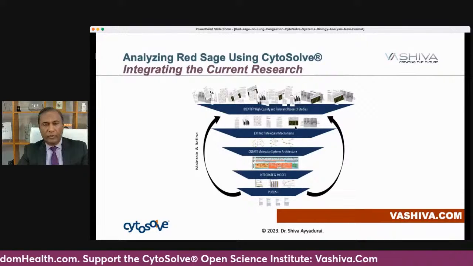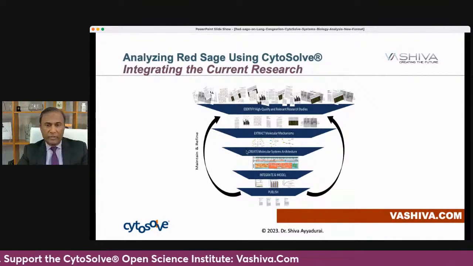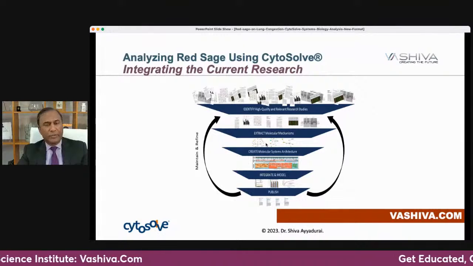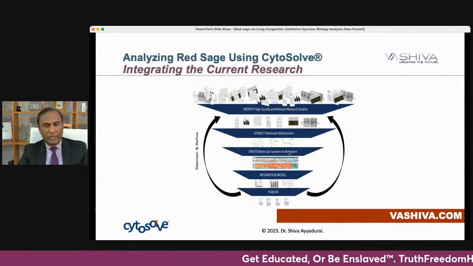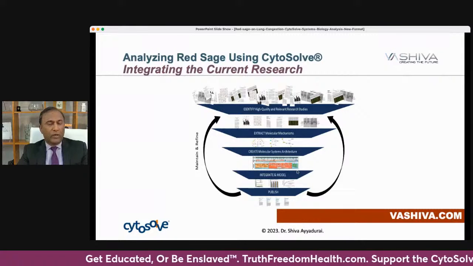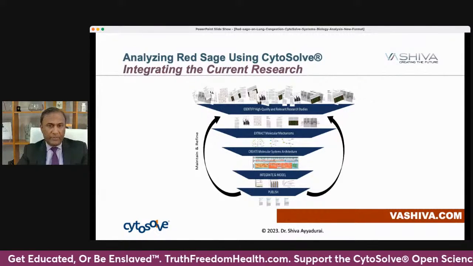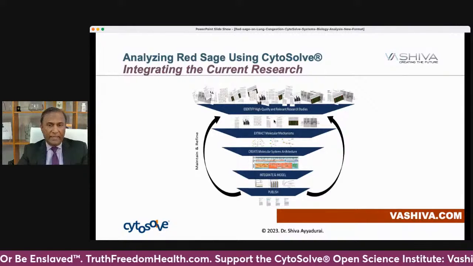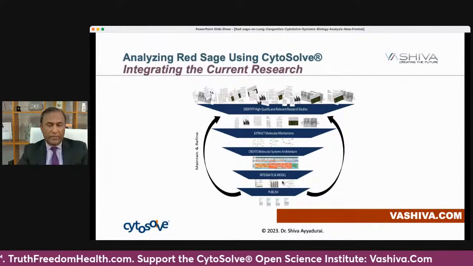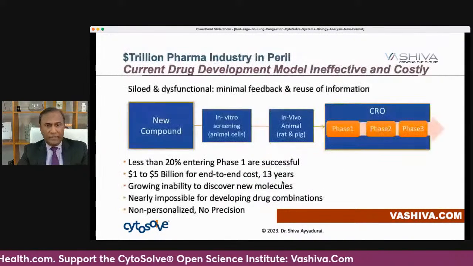We extract out the relevant ones, in this case, dealing with lung congestion. It's a little bit hard to see here, but we extract out the molecular mechanisms, which means all the chemical reactions where red sage affects lung congestion. And then we understand systematically what all those molecular mechanisms are, which I'm going to share with you. There are 5 of them. And then how red sage affects those molecular mechanisms. And then we share that knowledge with you.